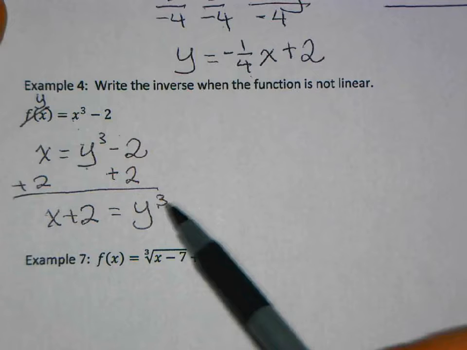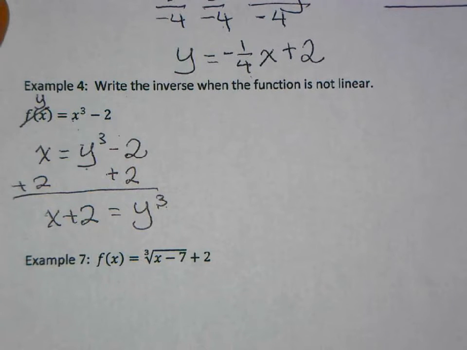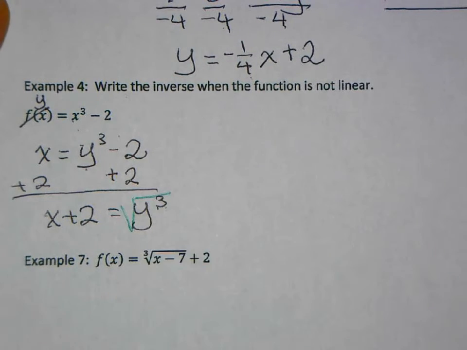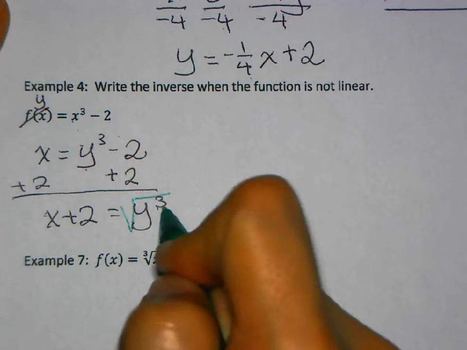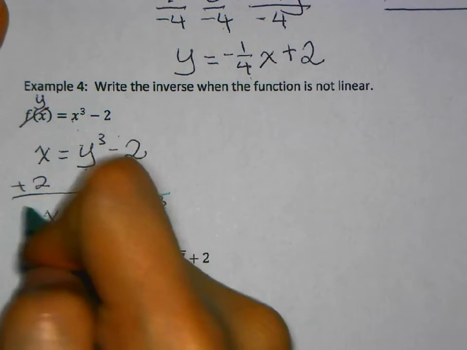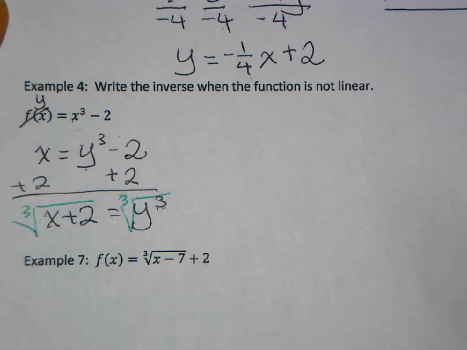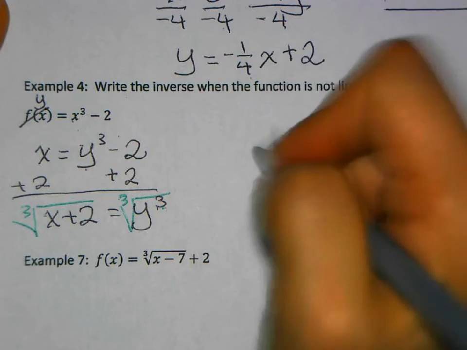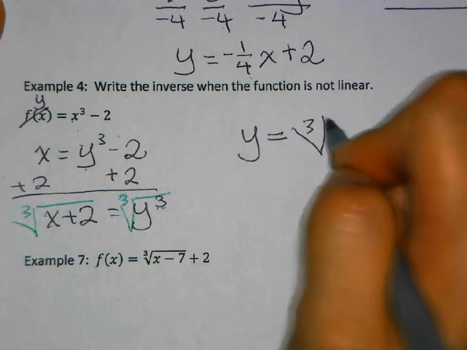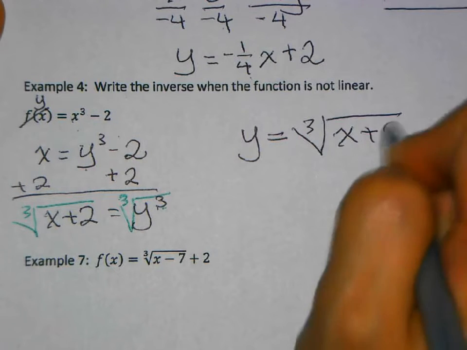Well, I have an exponent of 3. To get rid of it, I'm going to need to use a root. And in this root, because I have an exponent of 3, I have to have the same index, so index of 3. Do it to both sides, cube root on both sides. That's going to leave me with y equals cube root of x plus 2.